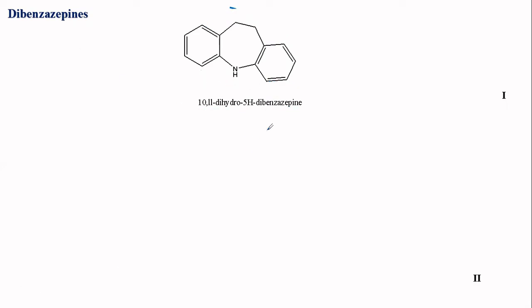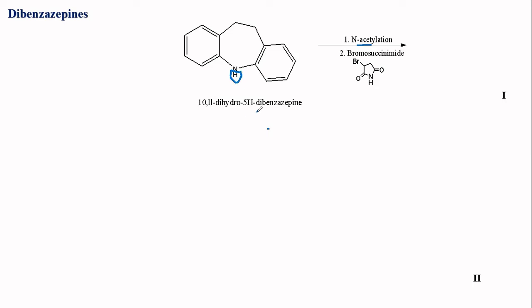Now when this dibenzazepine is treated with the acetyl moiety, or specifically acetic acid or acetic anhydride, N-acetylation takes place, and then it is followed by bromosuccinimide. N-acetylation means there is the introduction of an acetyl moiety on this nitrogen, so this hydrogen will be replaced by the acetyl moiety.